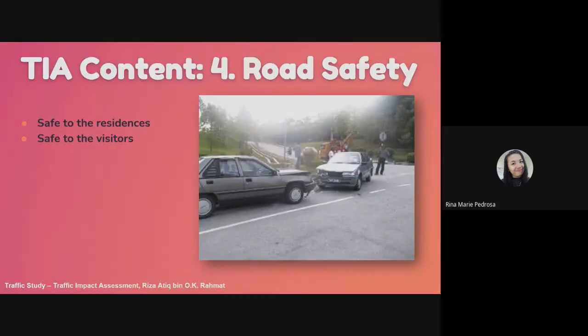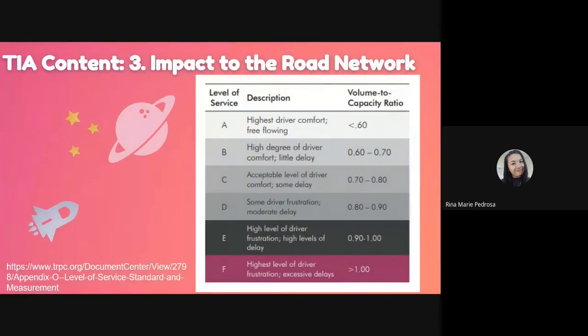While C, acceptable level of driver comfort, you have the volume to capacity ratio of 0.7 to 0.8. D, some driver frustration, moderate delay, that is 0.8 to 0.9. And E, high level of driver frustration, high levels of delay, that is from 0.9 to 1. And if greater than 1, that is the highest level of driver frustration, excessive delays. So that is F.